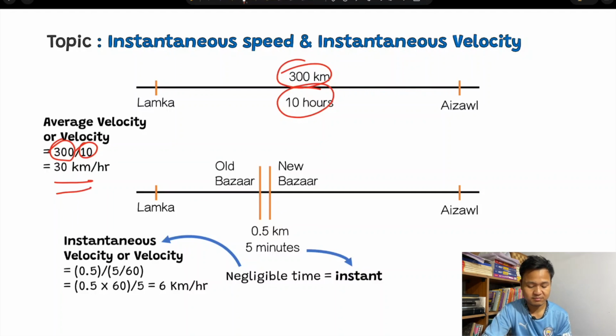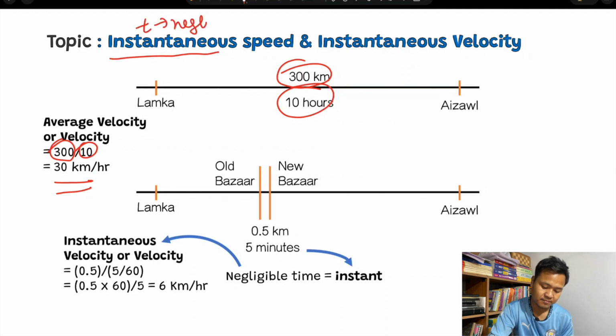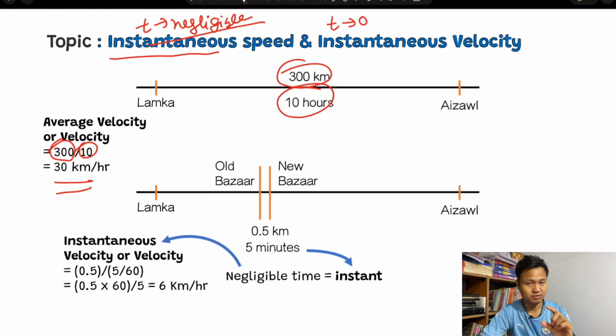Now we have something called instantaneous, which is when the time is negligible. In maths we say delta t, or you can say t tends to 0. Total time compared to instantaneous time is very small.